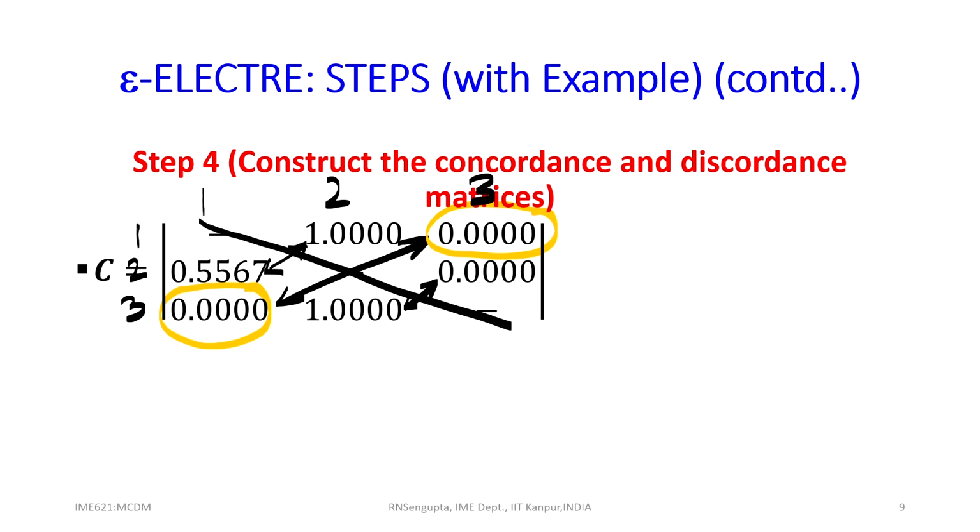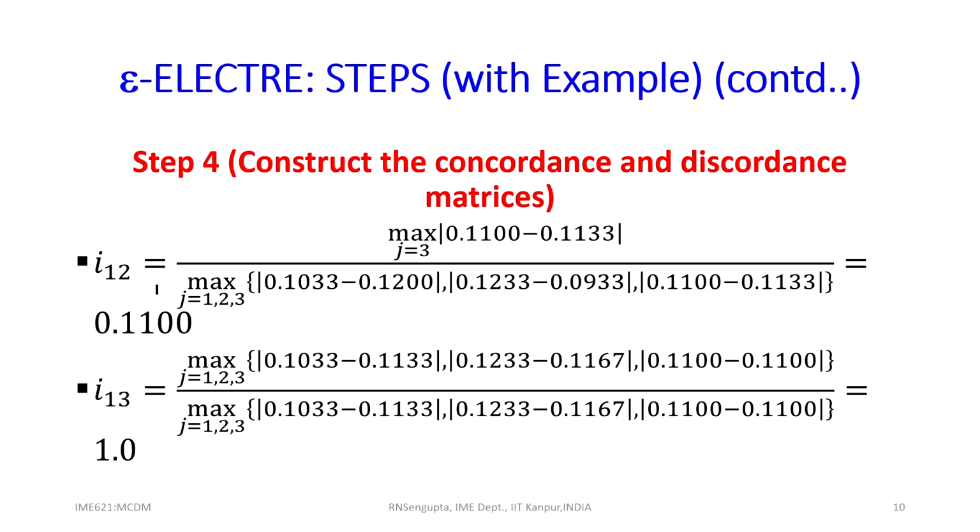When I come to the indifference, indifference means the level of satisfaction, dissatisfaction within a certain range where I am indifferent, it does not matter. So, if I find out the values of I 1 2, comparing 1 with respect to 2, what is the indifference?